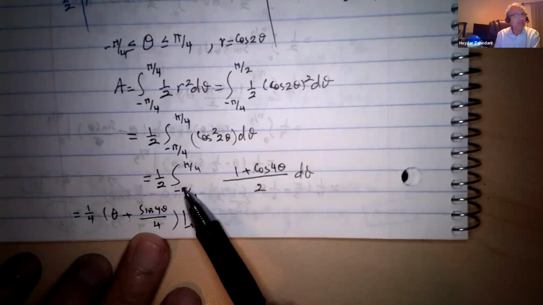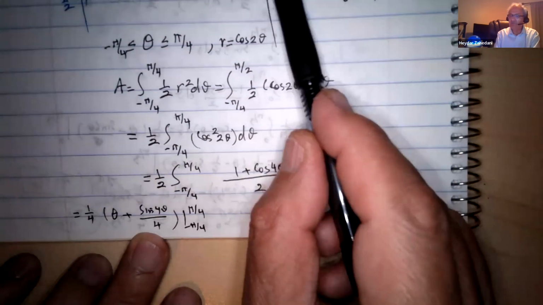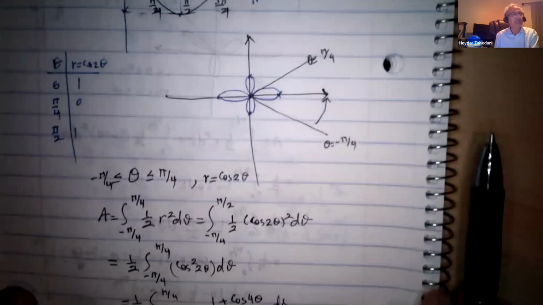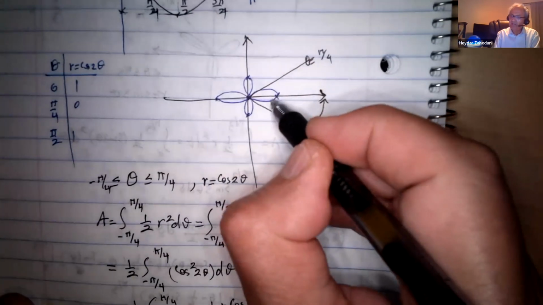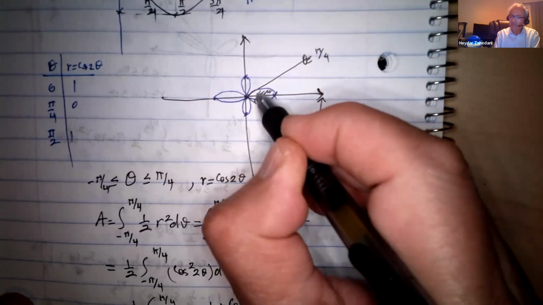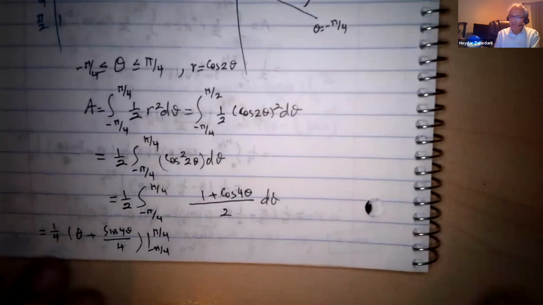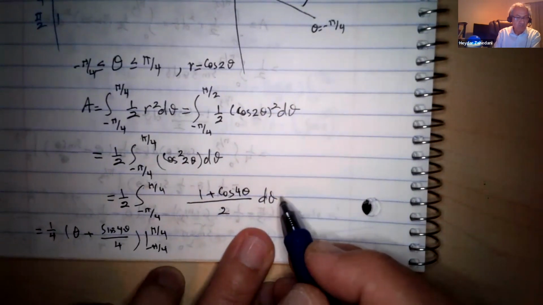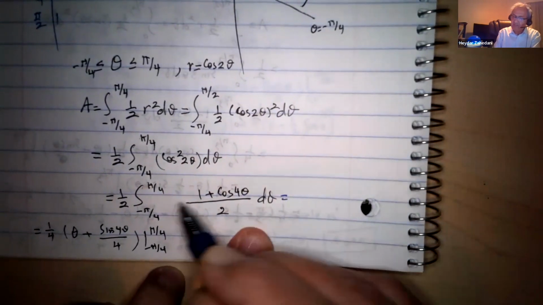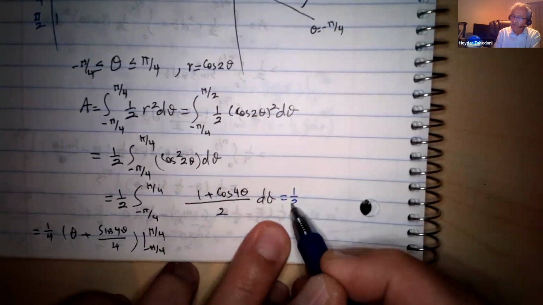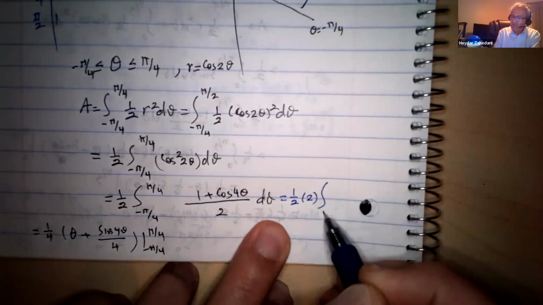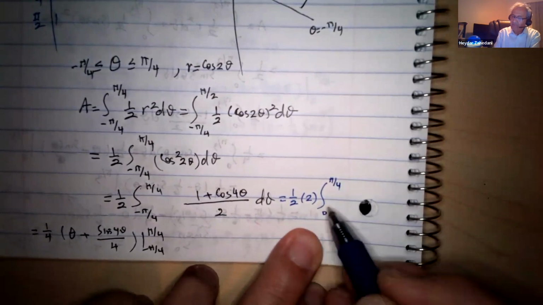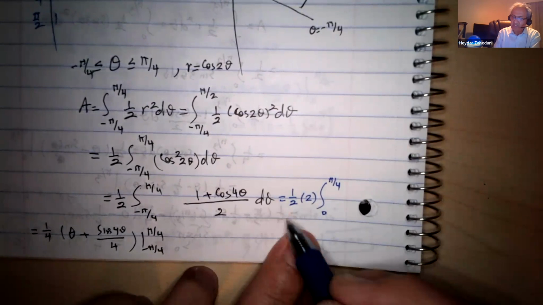You can simplify it. You can change it to 0 to pi/4 and double it up. You see this portion up here and the bottom one are going to be symmetric. So if you like this part over here, you can change it into 1/2 times 2 of the integral from 0 to pi/4, and the rest that you have.